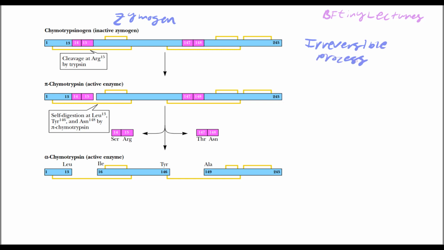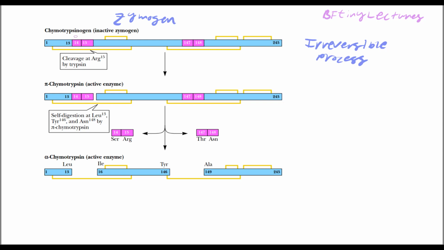Okay, and in this example, if you're working in the lab, you're most likely going to be using chymotrypsinogen. Okay, so right here, we're going to have chymotrypsinogen, right? In this example, we're working with chymotrypsinogen, and we're going to be using trypsin to cut the arginine group in the chymotrypsinogen.